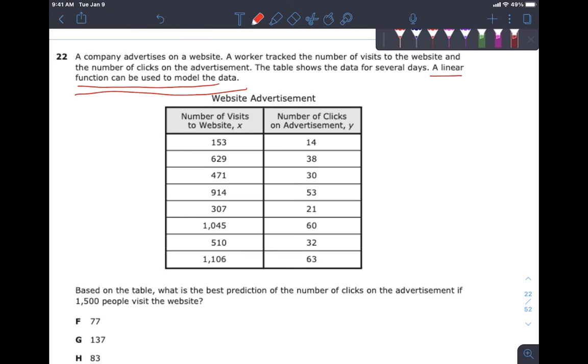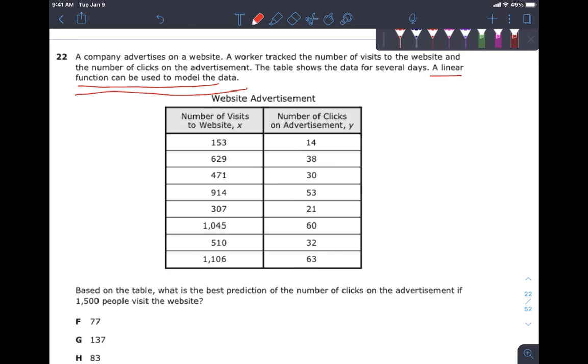So I'm reading through the problem, and I see here that it says a linear function can be used to model the data. Now, I want you guys to remember that whenever you see something like that, that is important. Because up until now, we've only dealt with linear functions. We haven't dealt with quadratics and exponentials.